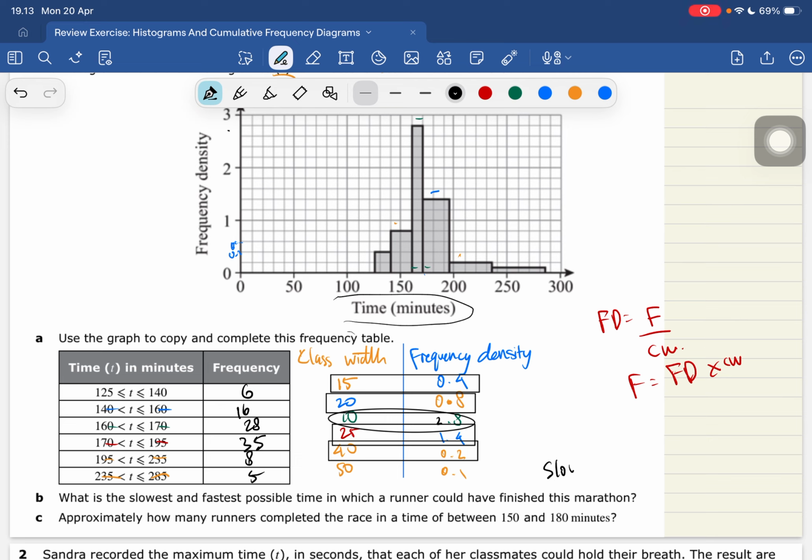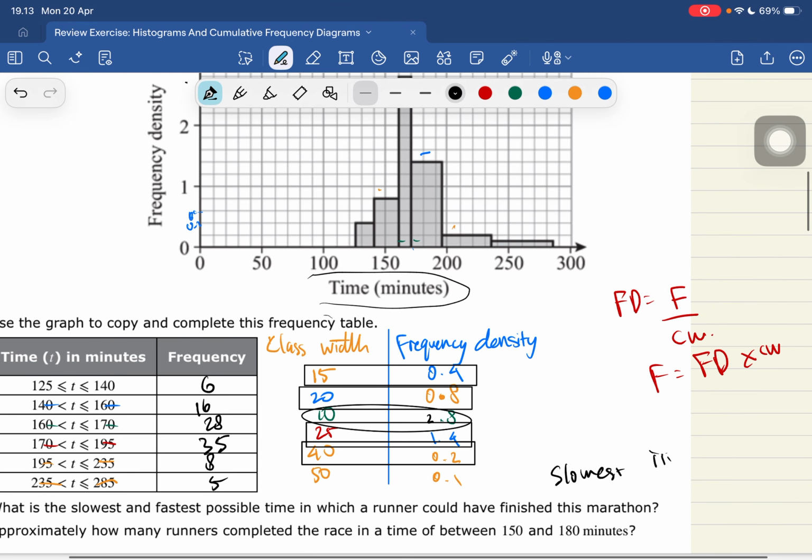The slowest is 285 minutes, while the fastest is 125 minutes.